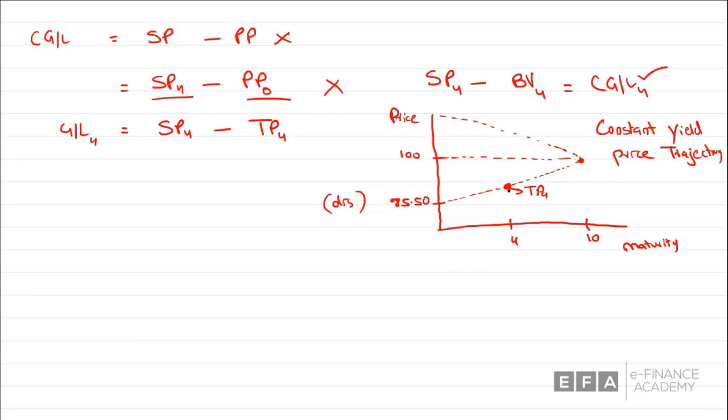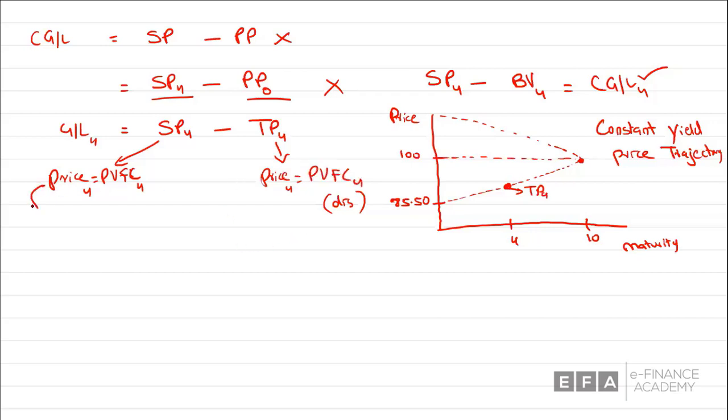Now you may say, okay, if this price is the trajectory price, how do we actually find it? Well, for the trajectory price calculation, we assume that we use the same discount rate as the original yield on the first day, which was the yield to maturity. So the selling price is also a price, and the price at time 4 is the present value of future cash flows at time 4. The trajectory price is also the price at time 4, and this is the present value of future cash flows at time 4.